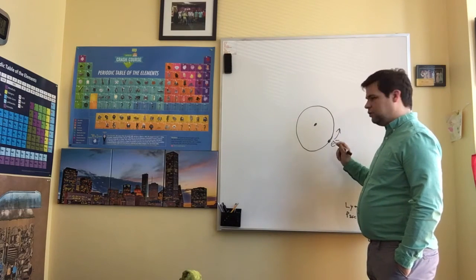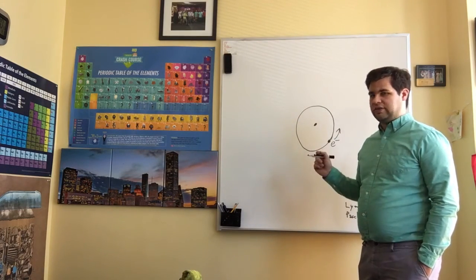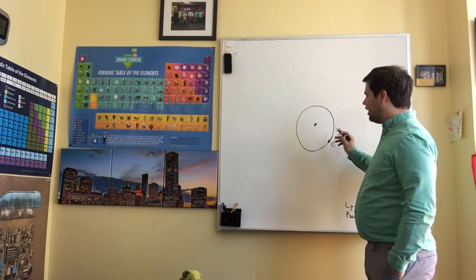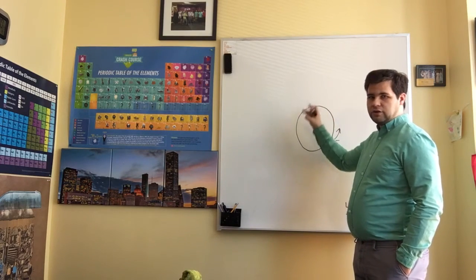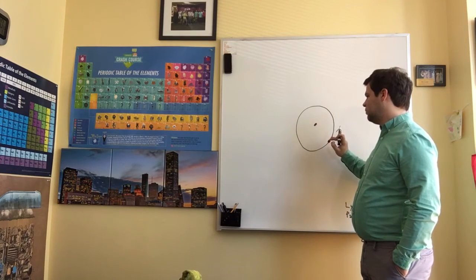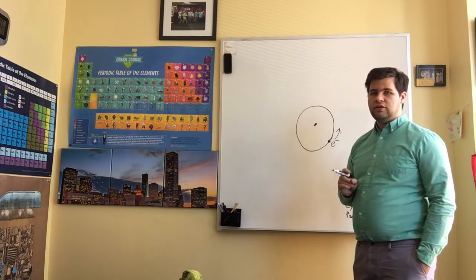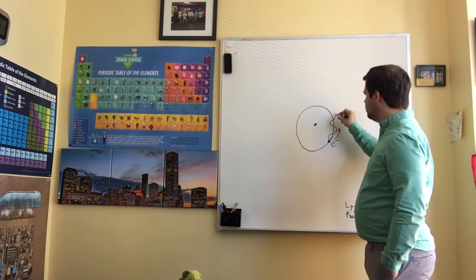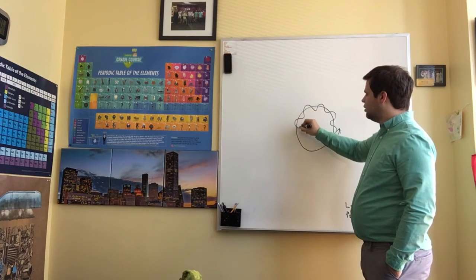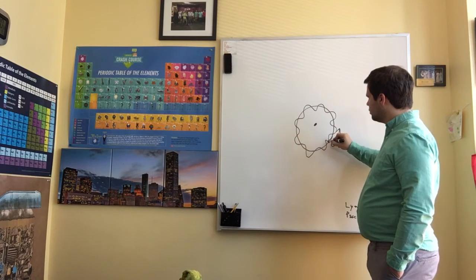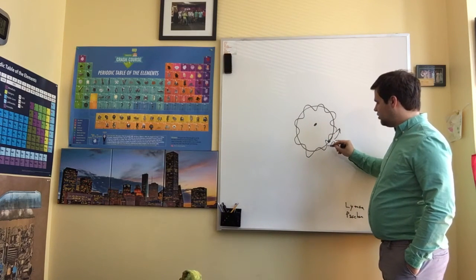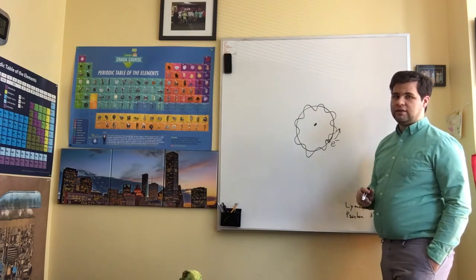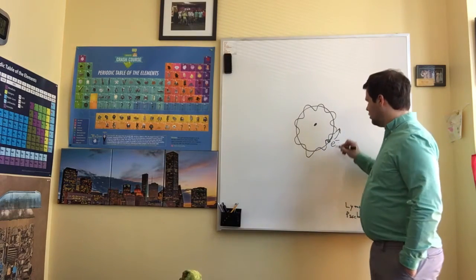And furthermore, how do you select these orbits? Well, if you were to try to fit a wave around this atom, only certain frequencies would fit. So if you were to do this, notice that when I hit the same spot again, it doesn't make a continuous thing.